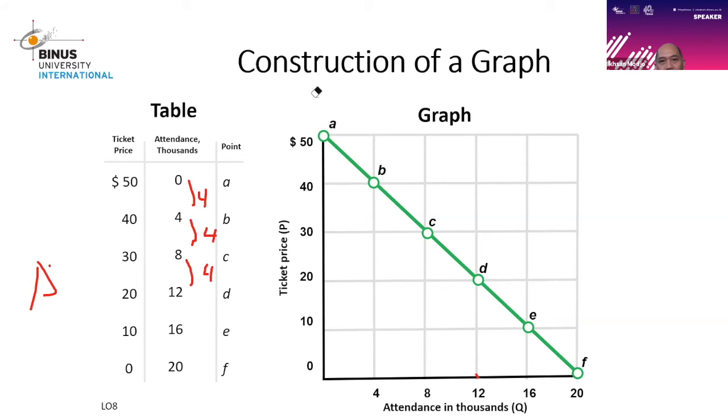So, jadi kalau melihat apakah ini grafiknya linear atau enggak, change in x divided by change in y. It's very straightforward. When you see like the rate of change is 4, and then this is ticket price changed by 10, and this is changed by 10 as well, and the attendance is changed by 4. Oh, you know, okay, this is going to be a linear graph.